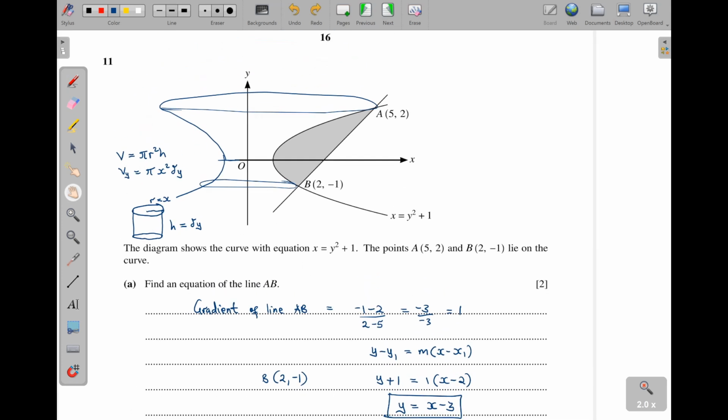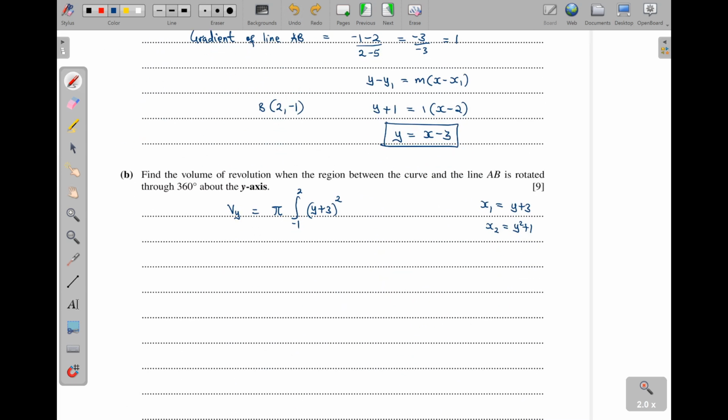In other words, I'm finding the volume below this line here minus the volume below this curve here. You see? So that's why we are getting this one. We first square it, then minus also this one here squared. So we shall have y squared plus 1, then squared like this, and then we put dy.